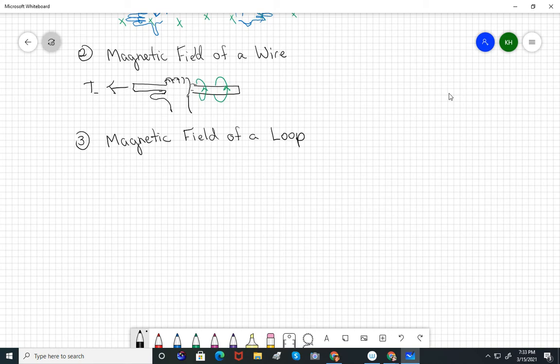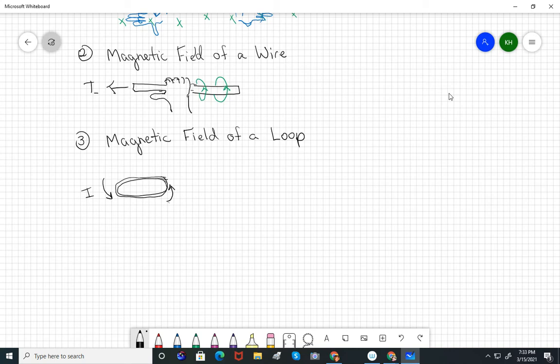But what happens is, suppose that we have a current in a loop. Let's go ahead and draw a little bit of depth. It's a piece of wire. And the current is coming this way. How do I determine the direction of the magnetic field?